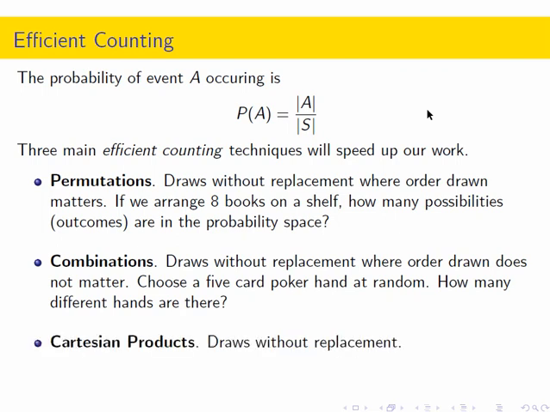And we have Cartesian products. These are draws with replacement, and with Cartesian products I am trying to get you to think of things from the Cartesian coordinate plane, x comma y.